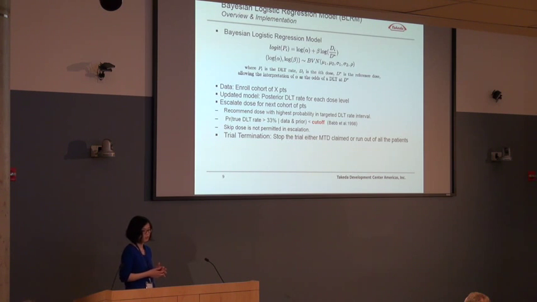The idea is that you enroll a cohort of flexible size X patients, usually 3 to 6, and similar to CRM, you update the model and estimate the posterior DLT rate for each dose level. And you can do escalation with overdose control as well, as Lee mentioned.